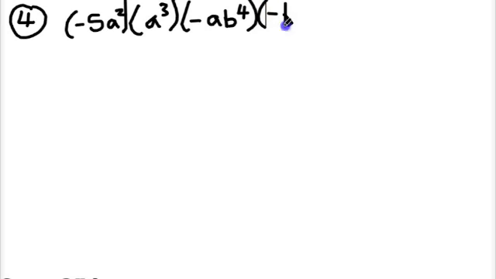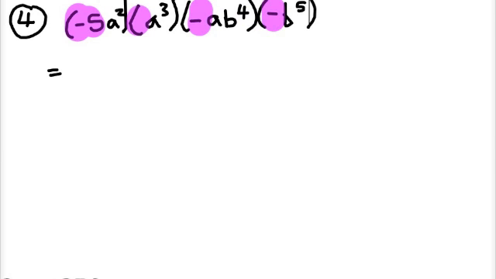Here you have a bit of a variety. You have a bunch of coefficients here. I'll highlight them. We have 5 here. We have 1 here. We have negative 1 here. We have negative 1 here.